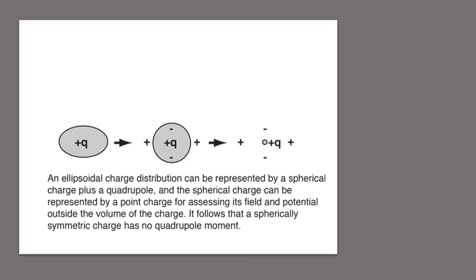If we observe an elliptical charge distribution, then this elliptical charge distribution can be represented by a spherical charge plus a quadrupole.